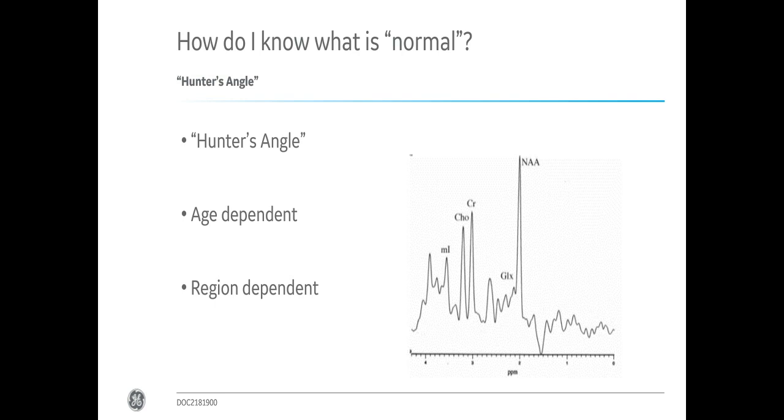And when scientists started to say a normal spectrum is if the NAA to creatine ratio is something about 1 point something, he said, oh, no, that's far too difficult.